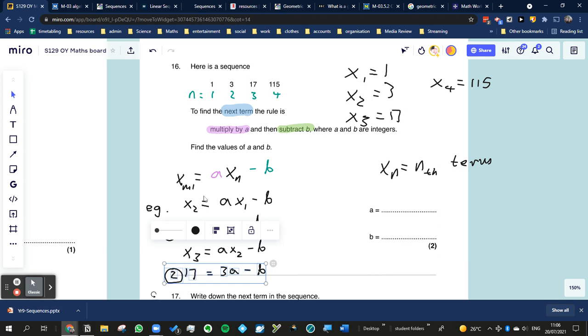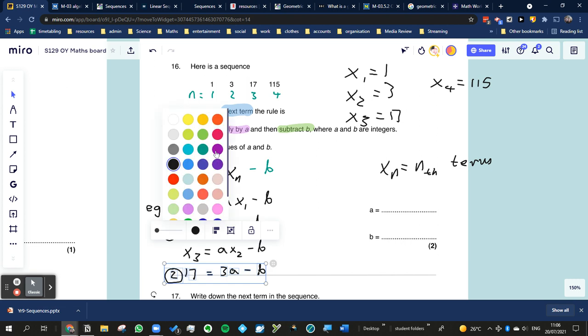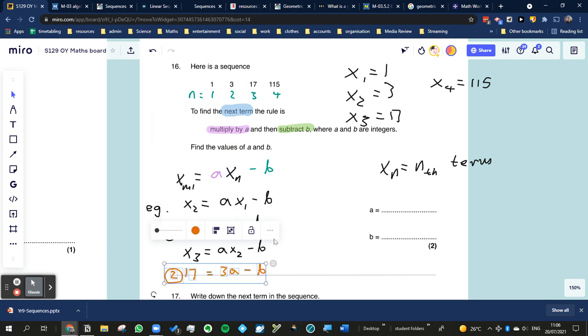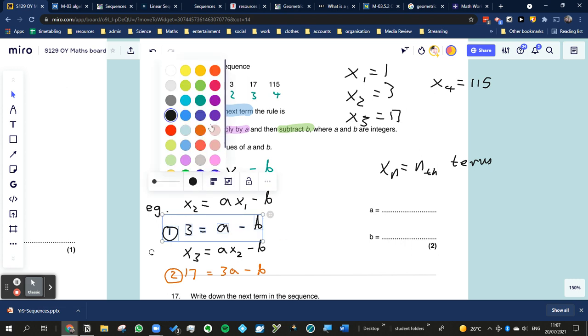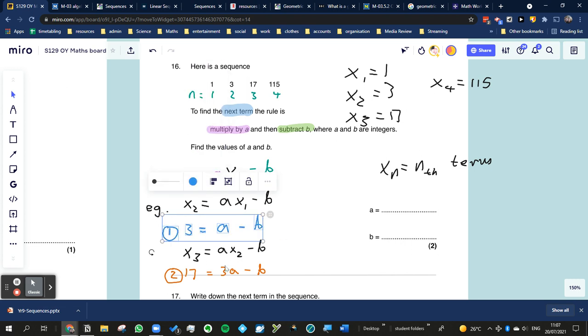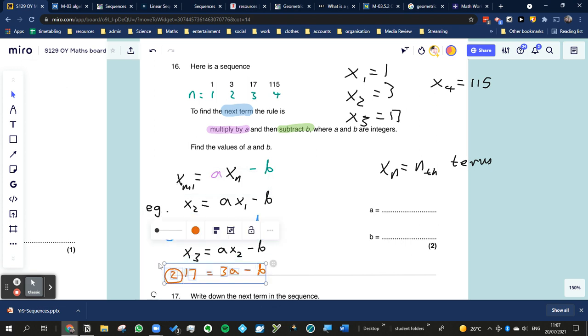I'm going to color those in, let's say put that one in a darker orange, and we'll have this one in, let's say, blue. And I'm going to group that, and I want to select both of them.